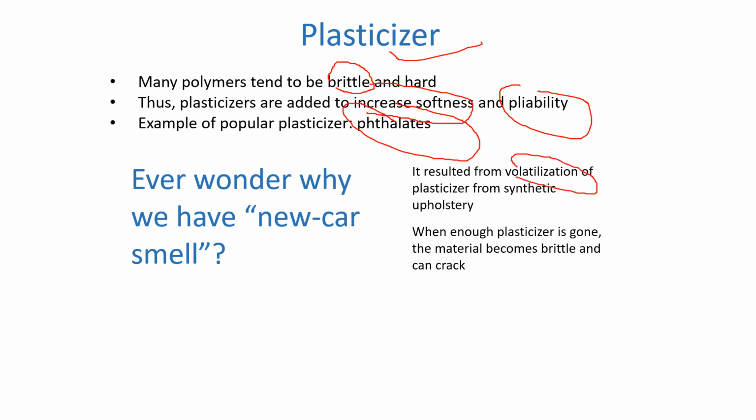For example, if the car is left in the sun outside, it can volatilize over and over again, and when this phthalate is gone, the original material can become brittle and cracked. That's why when we see an old car, the dashboard and also steering wheel become brittle with time, because the phthalates are gone.